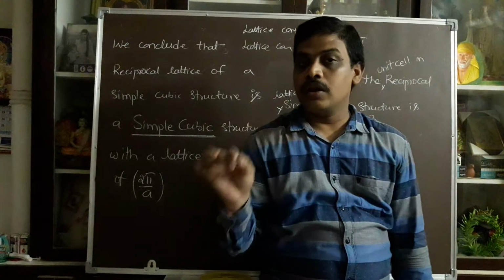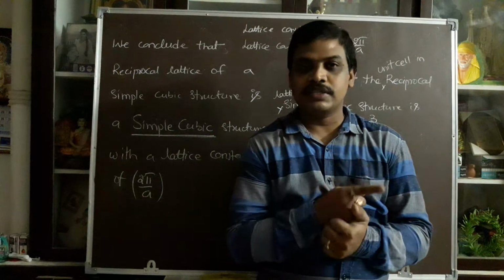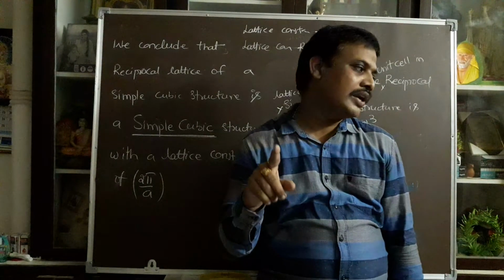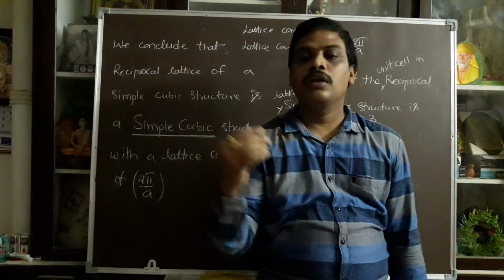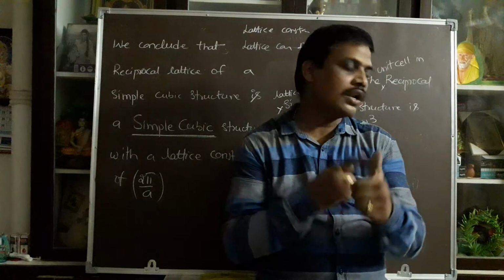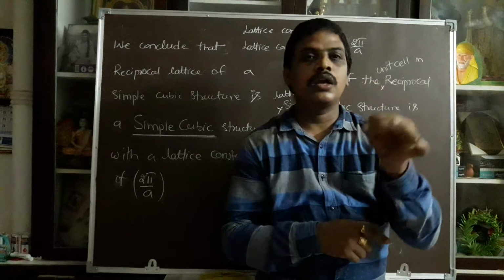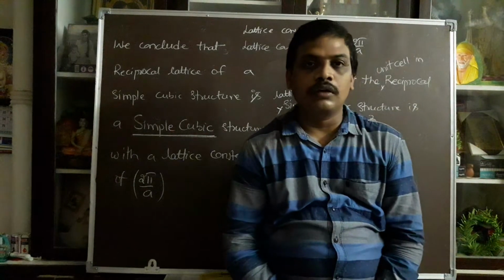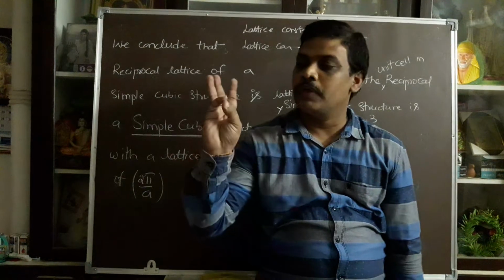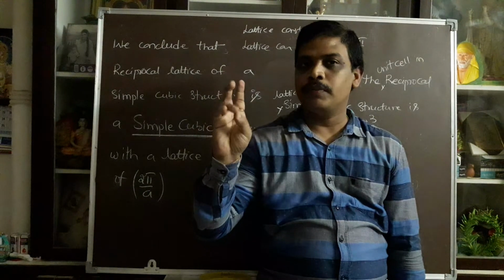After that, according to the crystal structure, you take the lattice constant of the given structure as A. A can be represented along the x, y and z directions. Based on these three, we can deduce the primitive vectors of the reciprocal lattice, B1 bar, B2 bar, B3 bar.